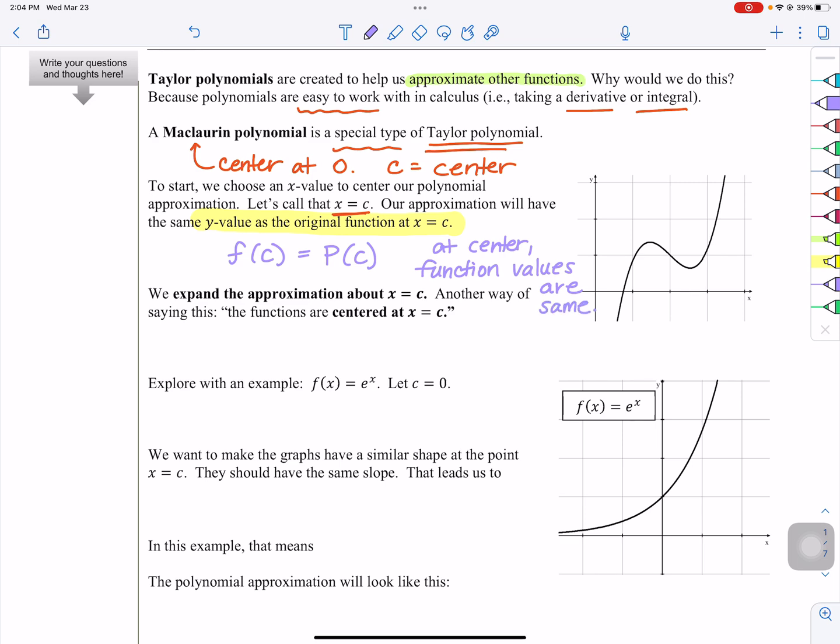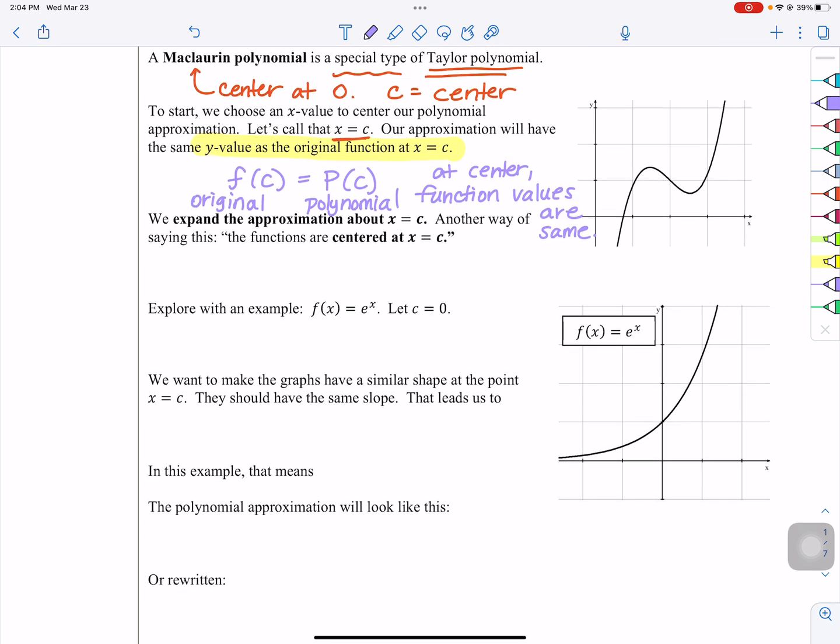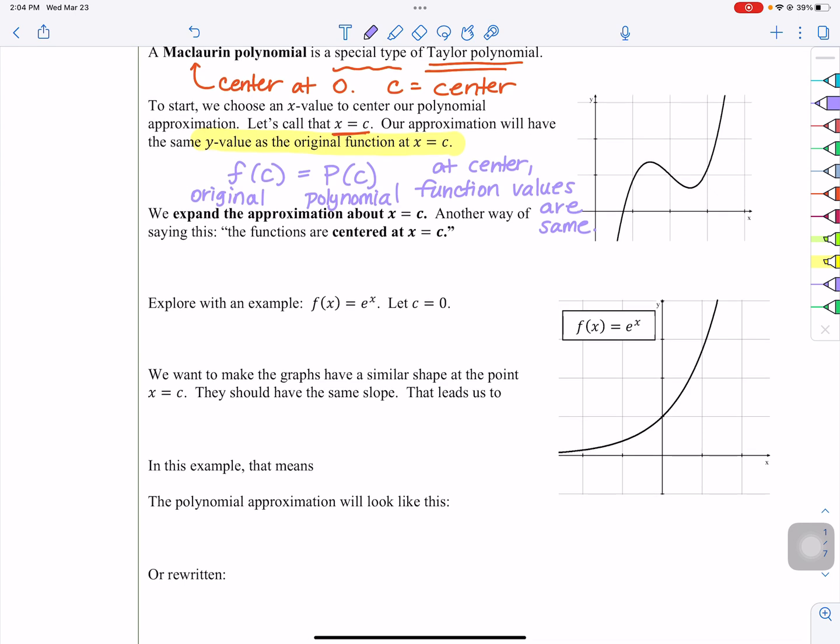Okay, so this is your original function, and this is your polynomial. We will expand the approximation about x equal to c. Another way to say this is the functions are centered at x equal to c.